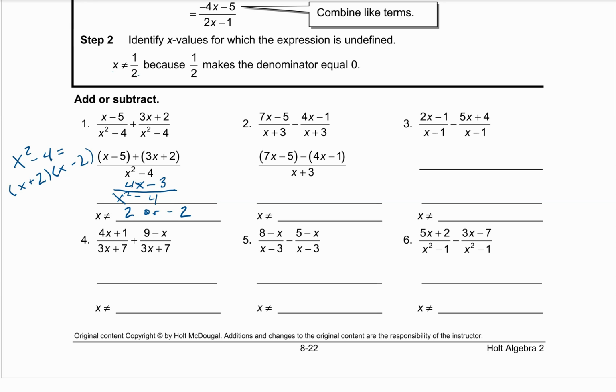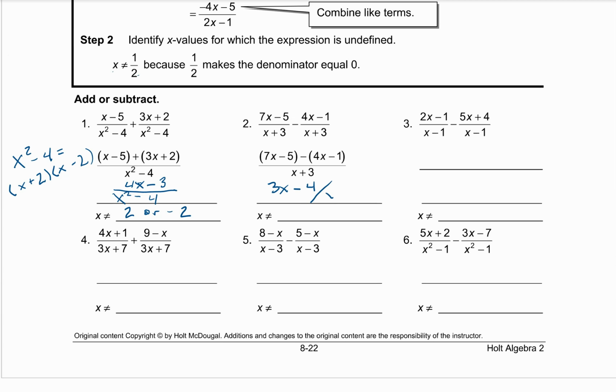Now for number 2, our common denominator is x plus 3, so we're just going to combine our numerators. We are subtracting, so we're going to get 7x minus 4x, that is 3x. -5 minus -1: minus minus is going to be plus 1, so that's going to be -4.